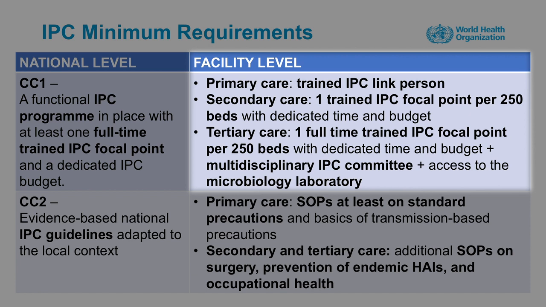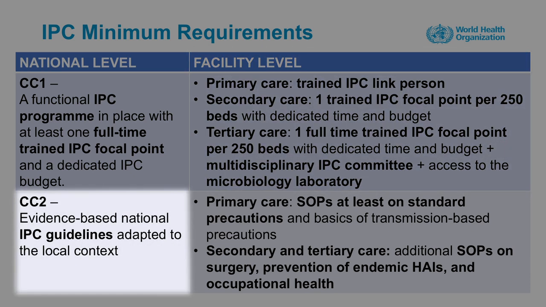At the secondary care level, there's one trained IPC focal point per 250 beds with a dedicated time and budget. At the tertiary care level, this means that there's one full-time trained IPC focal point per 250 beds with a dedicated time and budget, as well as a multidisciplinary IPC committee and access to a microbiology laboratory.